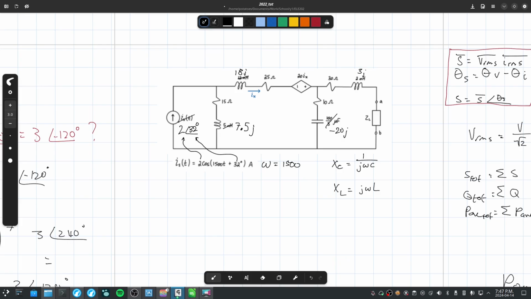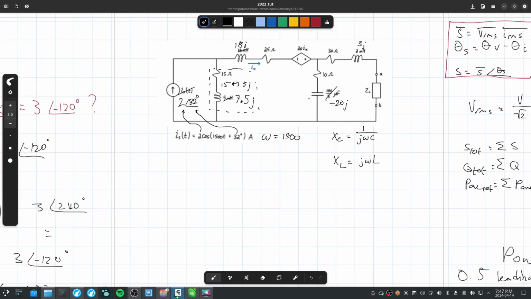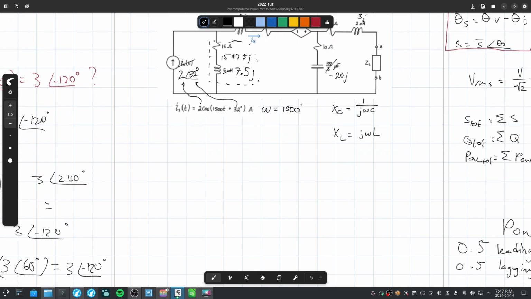So, use source transformation. Can we use source transformation? This is a current source in parallel with some impedance, so we can. Let's put these into a single block of 15 plus 7.5J, so we can think of it as one load on the circuit.